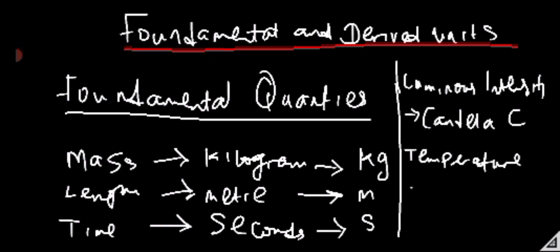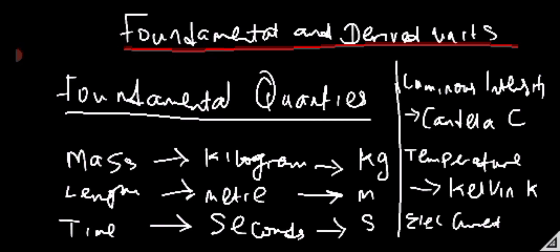Temperature is measured in Kelvin, and the unit is K. And the last one is electric current. The unit for electric current is amperes, and the symbol is A. So these are the 6 basic fundamental quantities that are very important in physics.